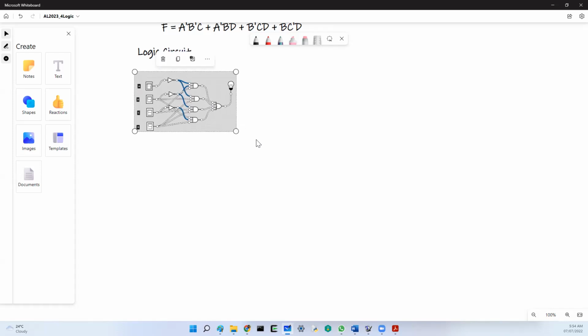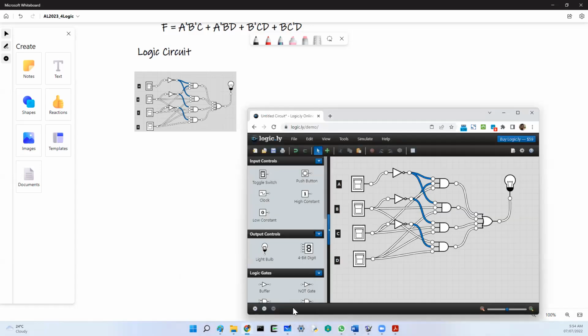So you can see some circuit drawings just to elaborate what we are trying to do here. So 2 is a prime number.